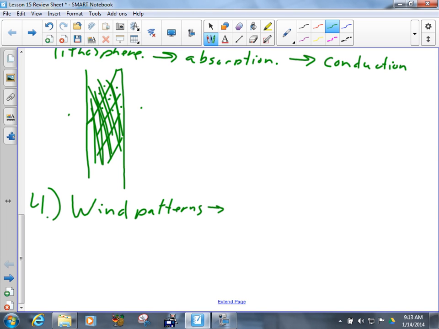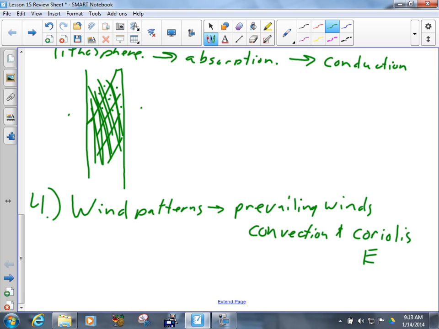Okay. So wind patterns, the prevailing winds anyway. Remember that diagram we had? Prevailing winds are a combination of convection and the rotation of the Earth, which we called the Coriolis effect. Make sure you know that term.